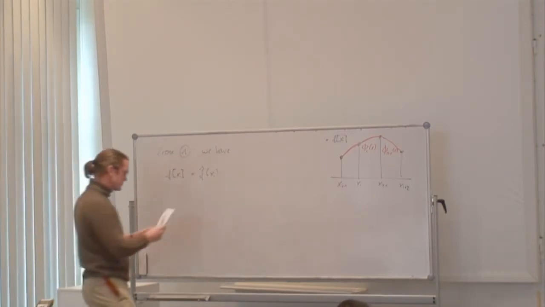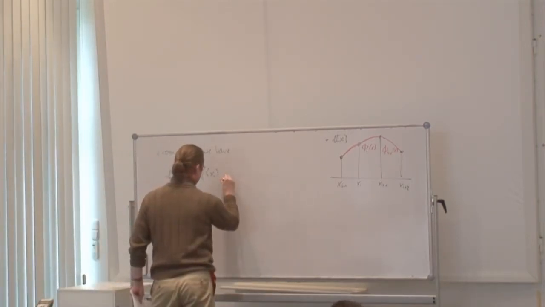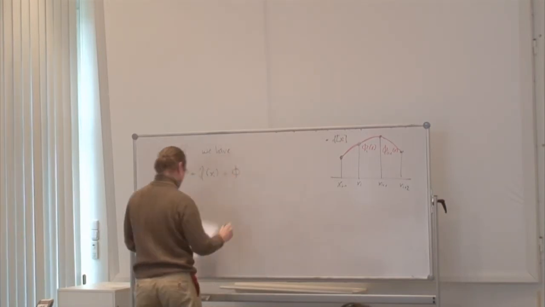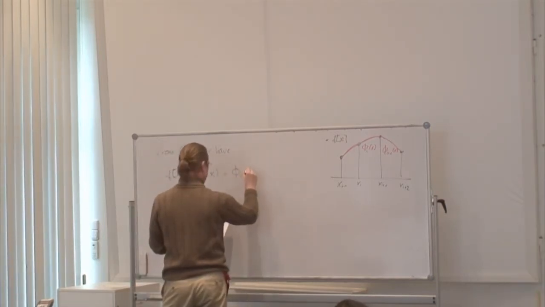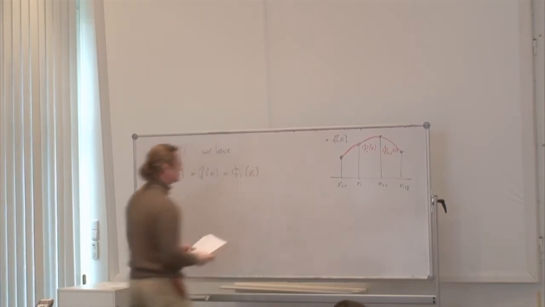And the interpolation function at xi is of course given by the value of the polynomial phi i at xi.